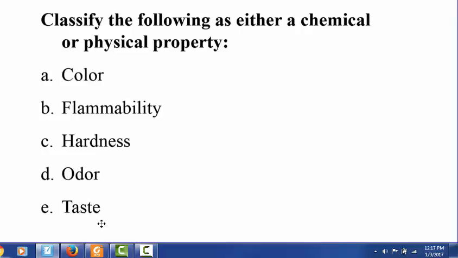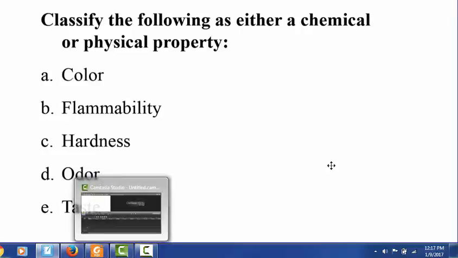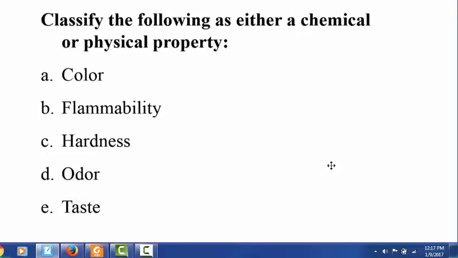Taste. Can I observe something's taste without chemically changing it? Well, this one's a tough one. This is probably the trickiest out of all of these. And an argument can be made either way. I would argue that it is a chemical property because in order to observe something's taste, you have to put it on your tongue. And we don't observe the taste actually until our saliva starts breaking down that substance through a chemical process.